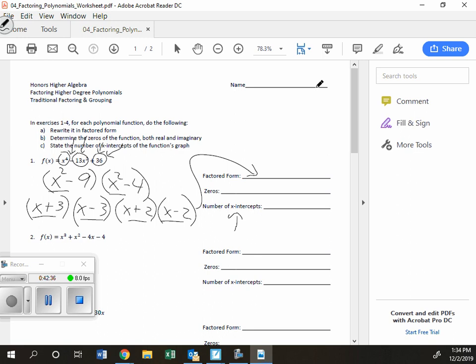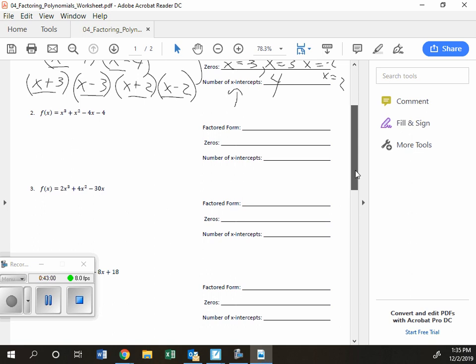The zeros: negative 3 is a 0, but don't just write negative 3, that's a bald answer. Write x equals negative 3, x equals 3, x equals negative 2, x equals 2. And number of x-intercepts, there's 4 of them. Cool, I'm done. This next kind, divide and conquer.